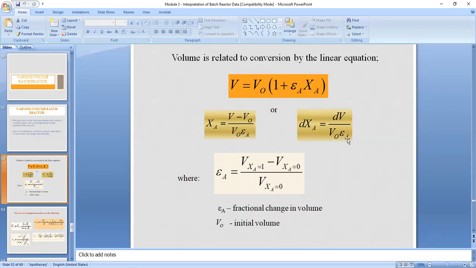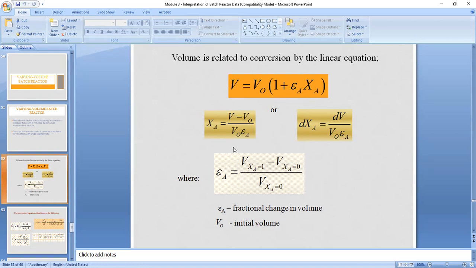What you are differentiating here are just the variables, the parameters that vary over time, which would be conversion and volume. The dXA expression is taken from the XA expression, and the XA expression is taken from this linear relationship between volume and conversion.